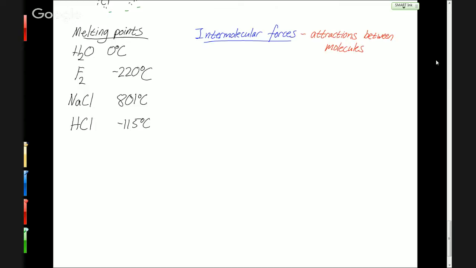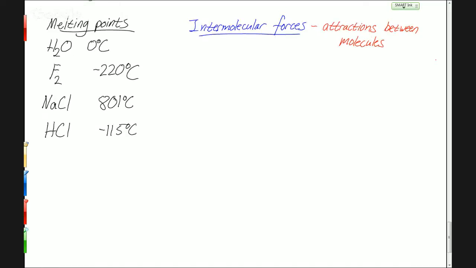There are pretty much two categories of these that we're going to look at. The first one is called dipole attractions or forces. And this is the name for what we talked about before, where molecules that are polar can attract each other.